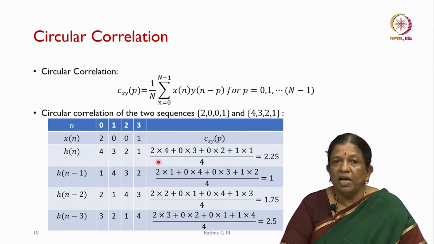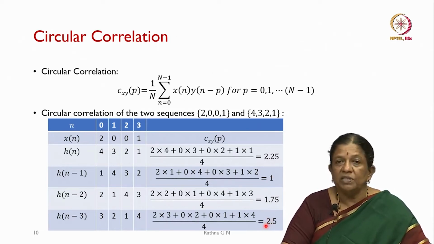When we calculate it, this is nothing but 2 into 4 plus 0 into 3 plus 0 into 2 plus 1 into 1, and then scaled by capital N, which is 4. Then you will see that it gives us 2.25, the next one is 1, the next one is 1.75, and the last one in this case is 2.5.